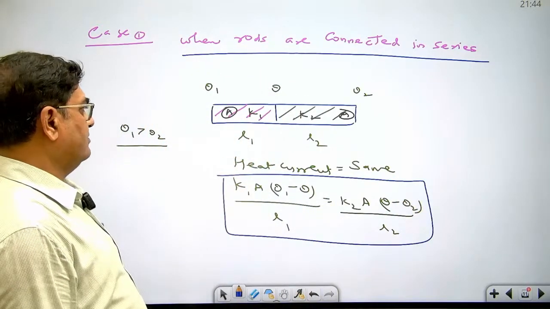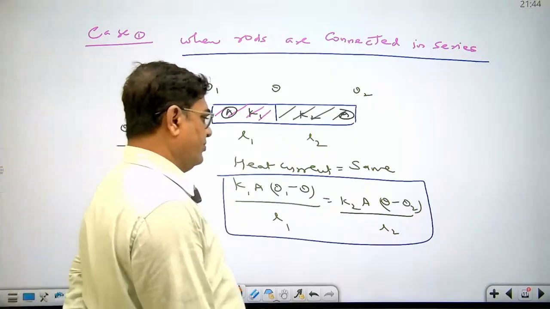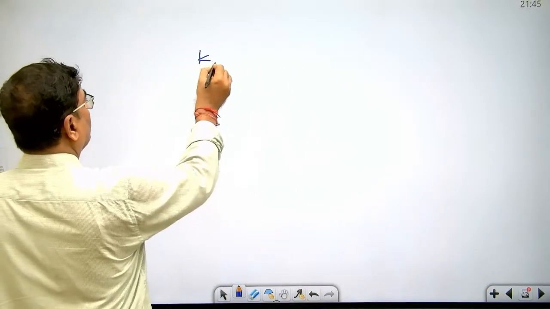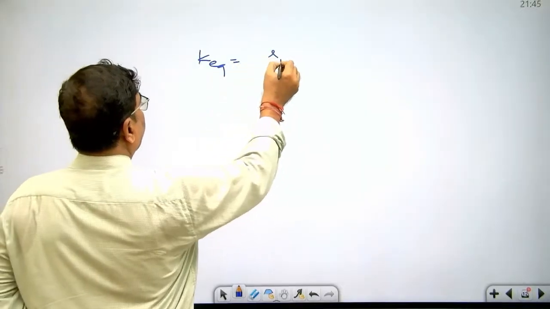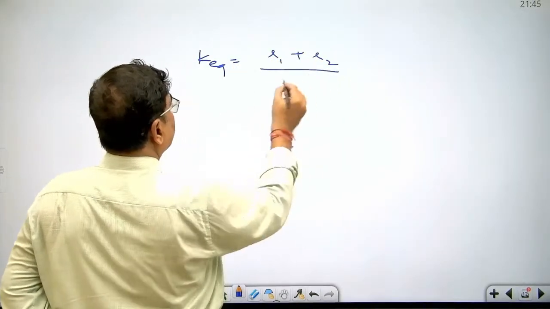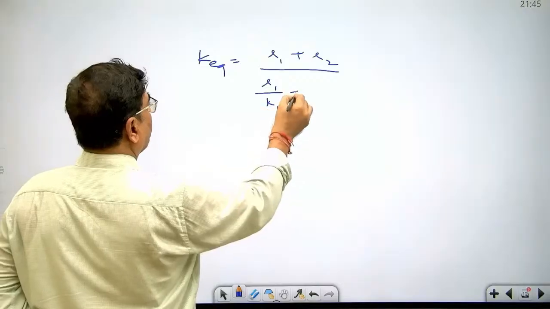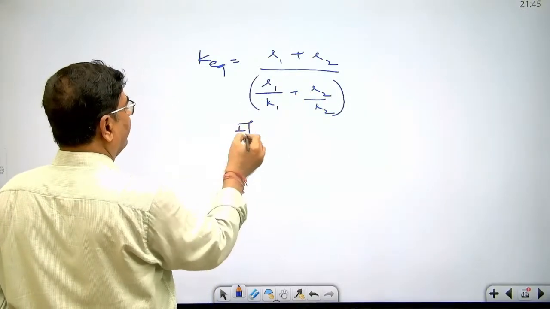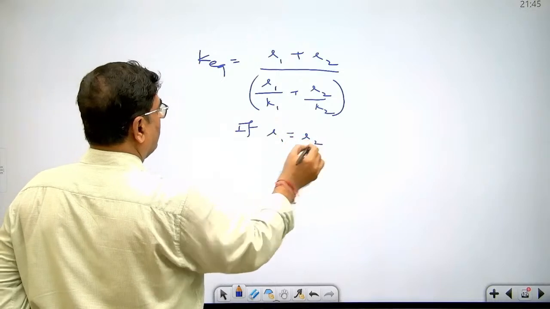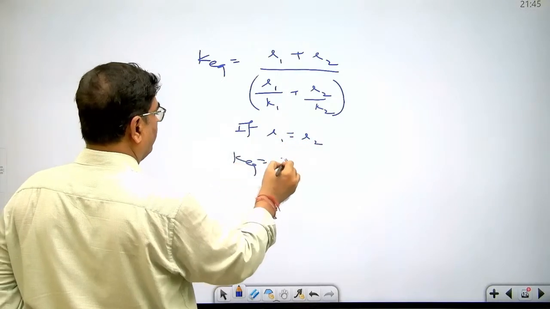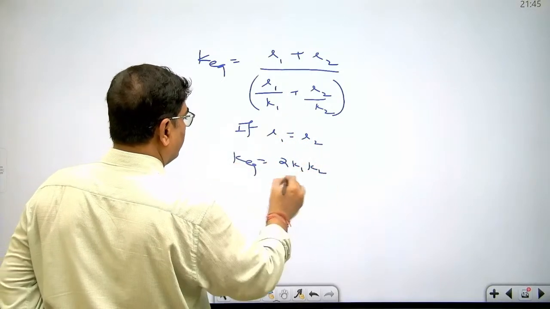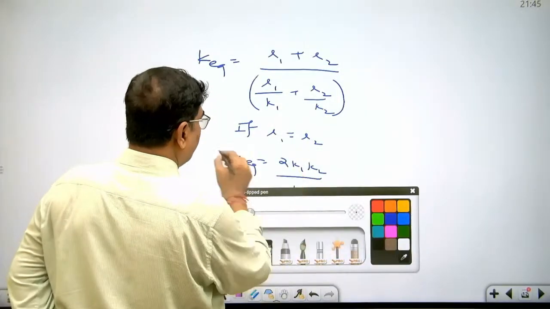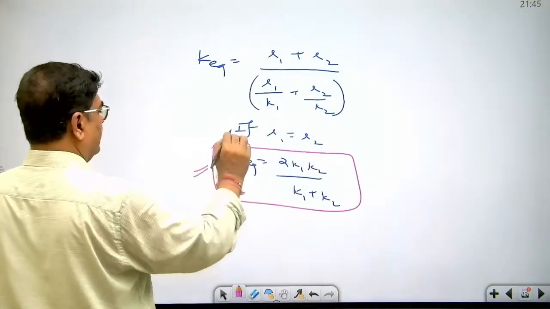And if you want the K equivalent, if A is the same, it is (L1 plus L2) divided by (L1 upon K1 plus L2 upon K2). If L1 equals L2, then K equivalent is the harmonic mean, 2K1K2 upon K1 plus K2. This is the value of K equivalent in case of series.